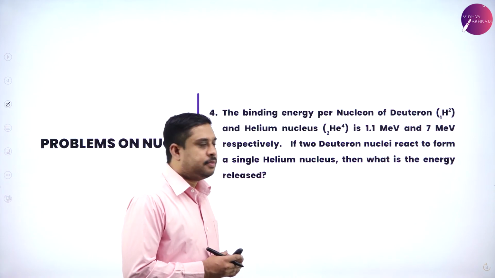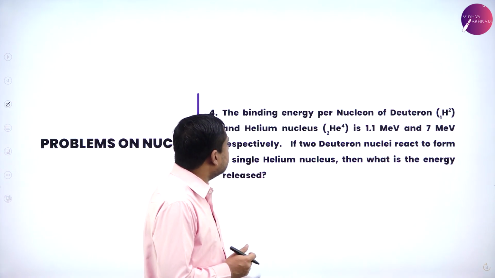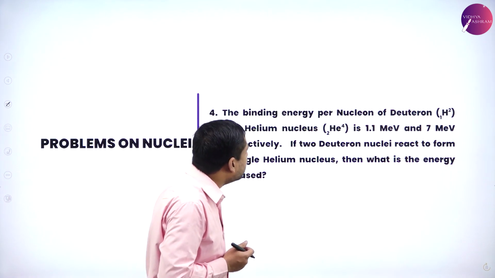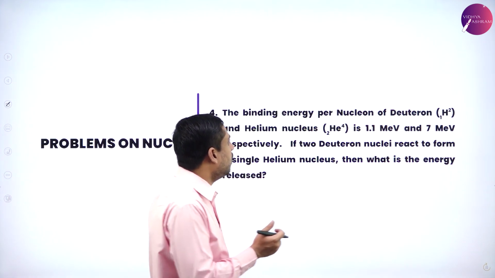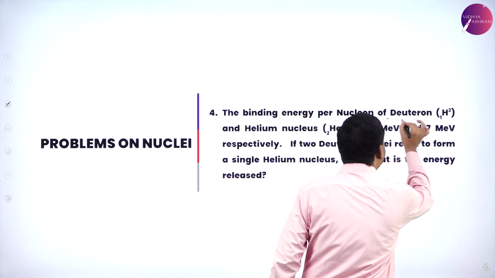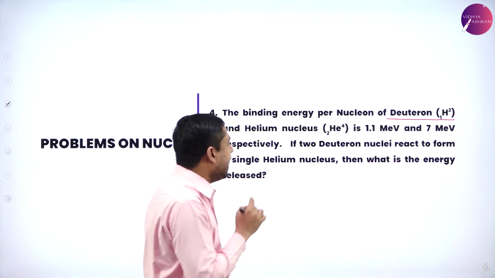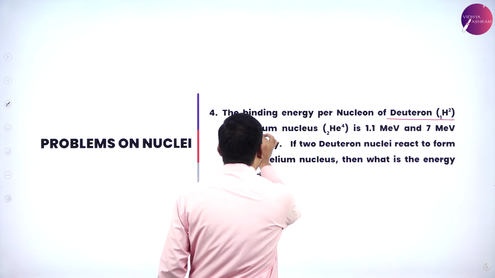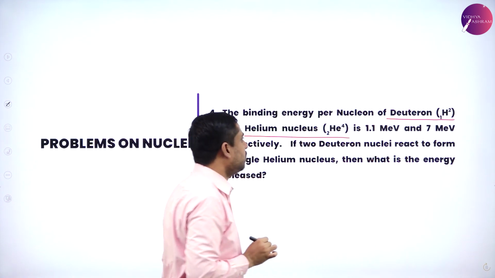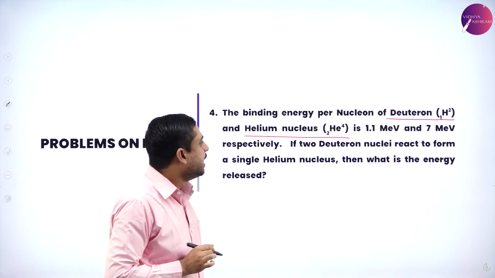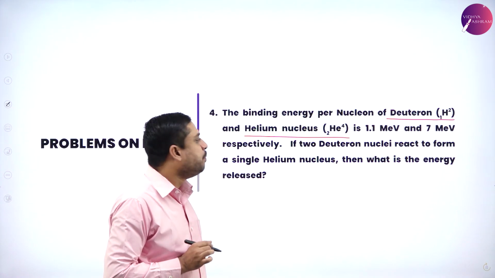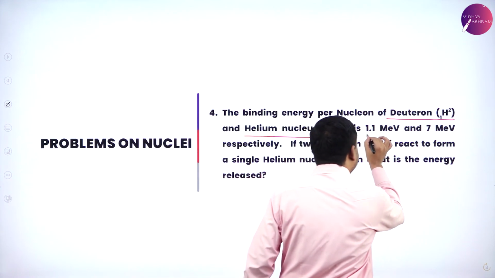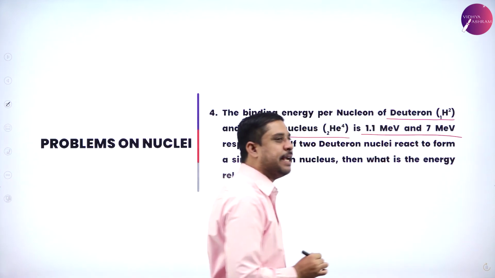So the next one, the binding energy per nucleon of deuteron H12 and helium nucleus is 1.1 MeV and 7 MeV respectively.